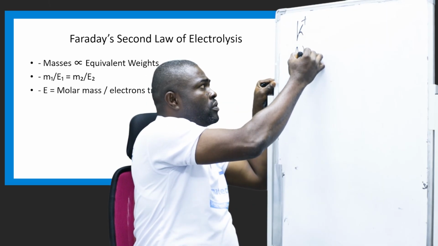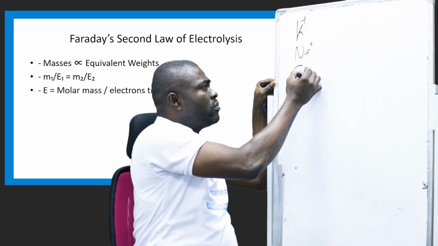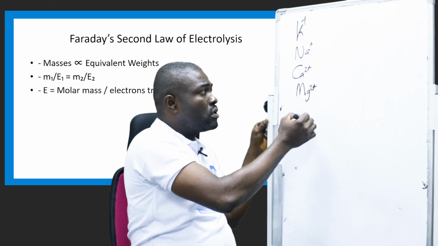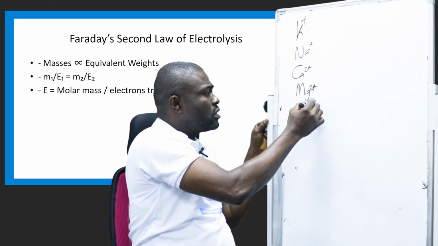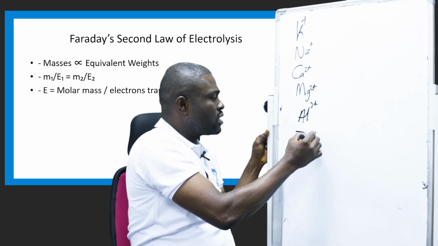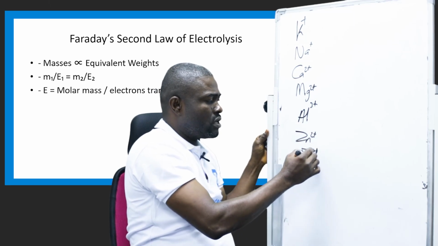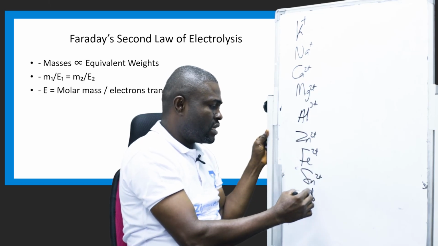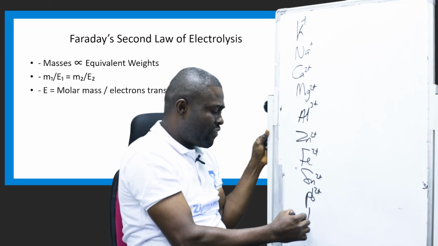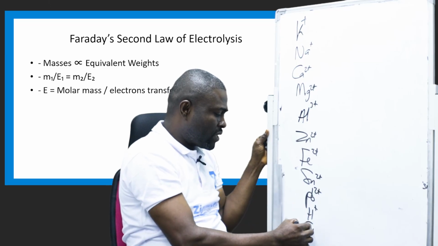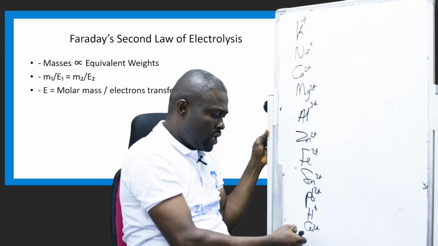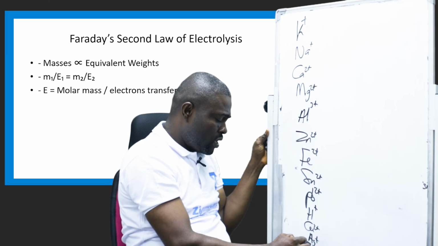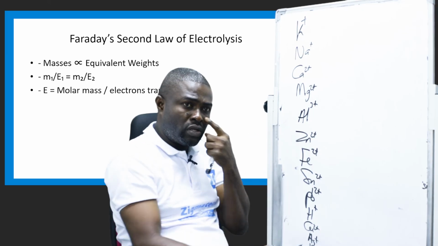We have sodium, calcium, magnesium, aluminum, zinc, iron, tin, lead. We have hydrogen ion, copper 2, silver, mercury, gold, then platinum.